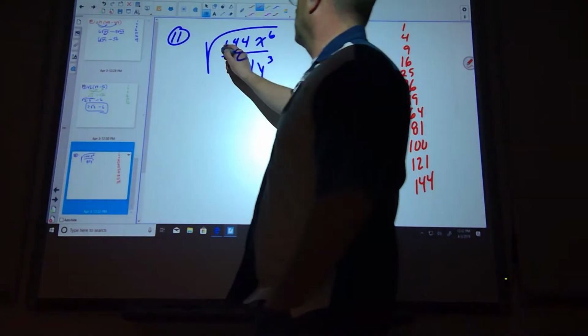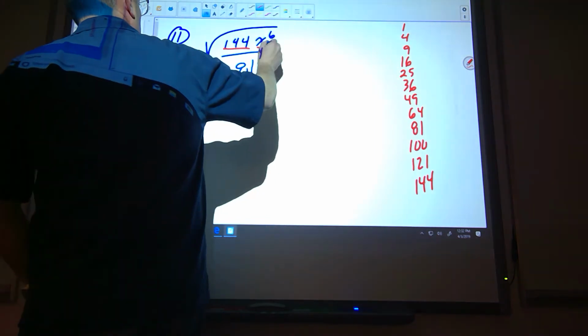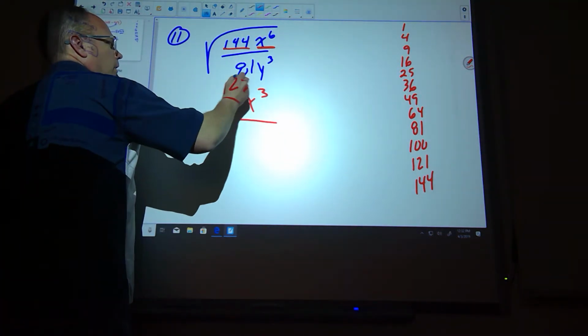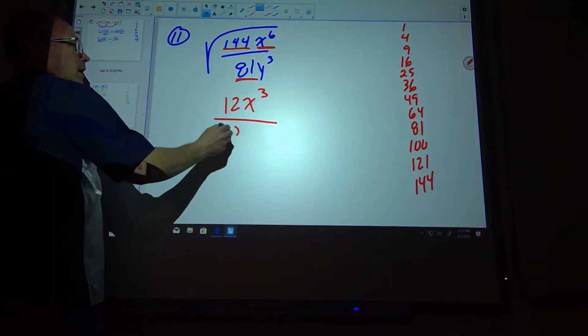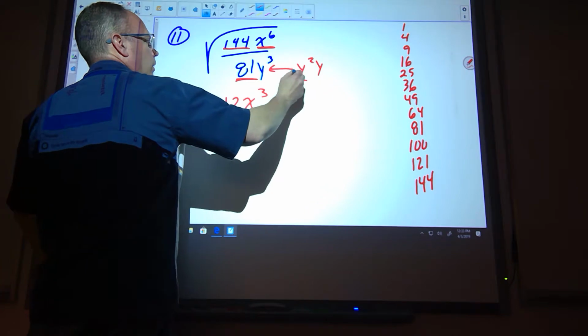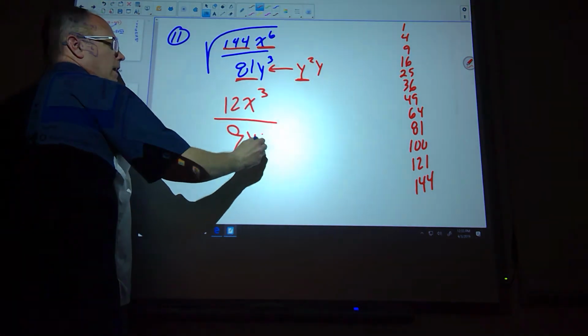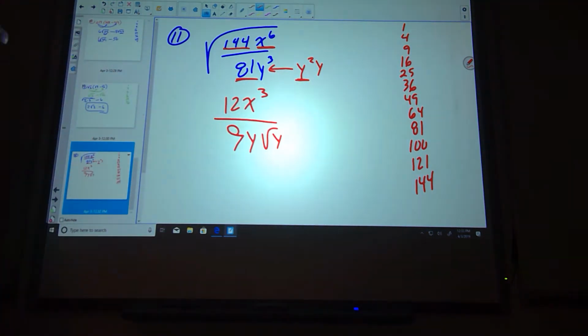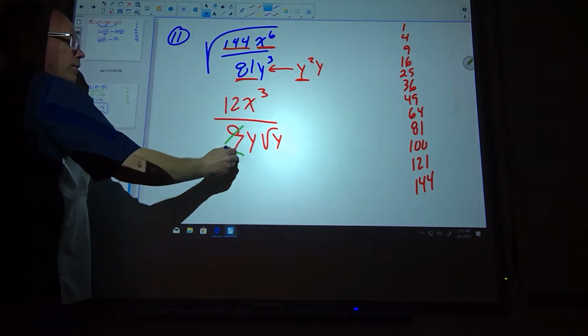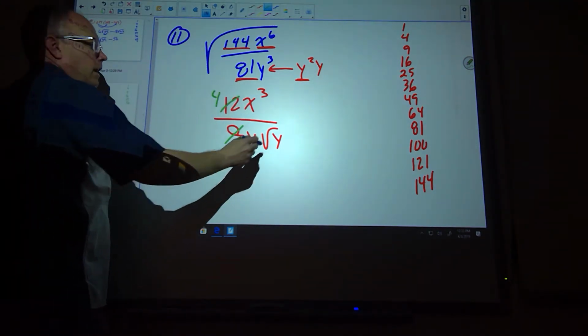Okay, so that just gives me 12. What's the square root of this? X to the third. Square root of this? 9. Ooh, this has to break up into y squared y. So what's the square root of that? Just y. And then I have that root y sitting downstairs. So I guess I could say, hey, 3 goes here, 3 goes there. I like that.